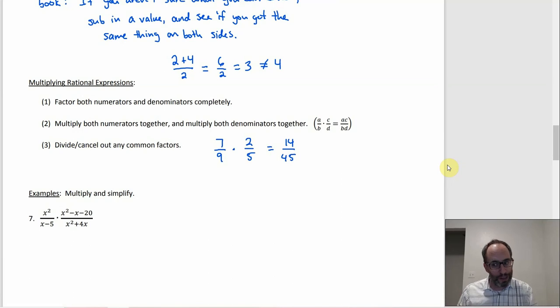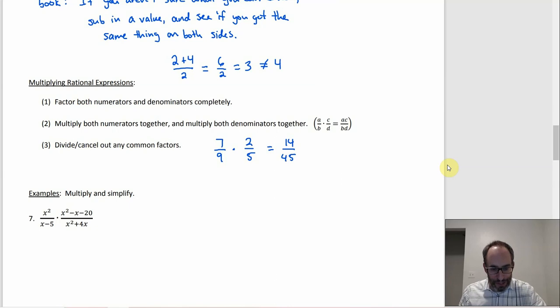Even though it's more complicated, with polynomials in the numerators and denominators, you still do that. So basically you factor everything that you can factor, then combine it into one giant rational expression by multiplying the numerators and multiplying the denominators, cancel out whatever you can cancel out, and you should be good to go from there.